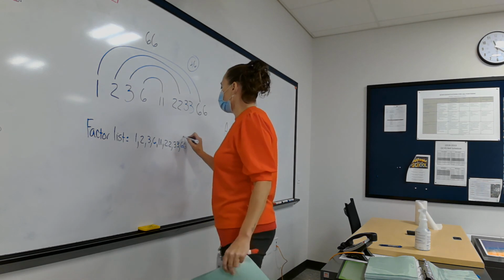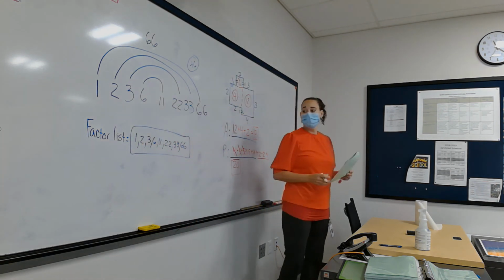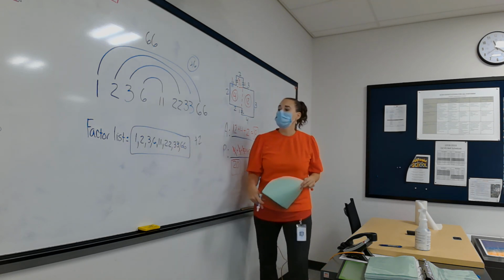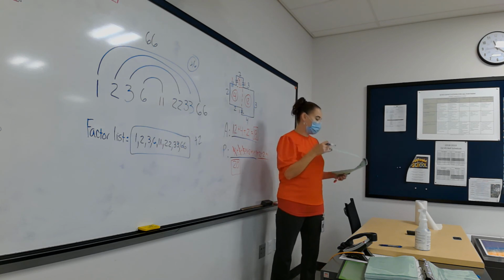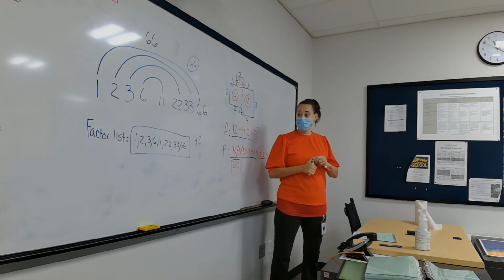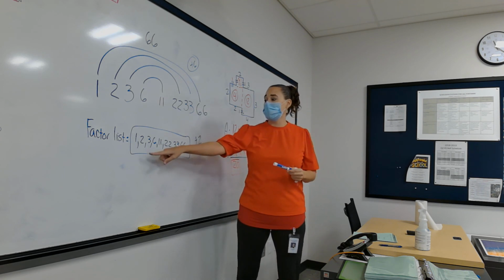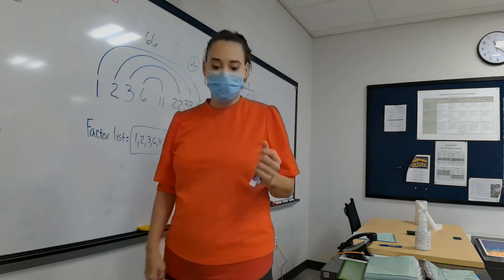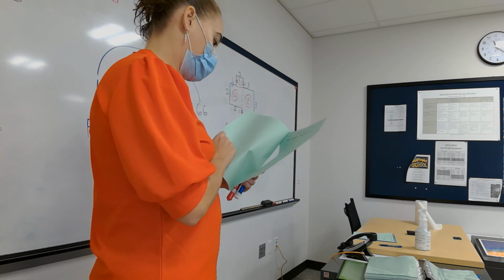And that is your factor list. Okay, and that's worth 2 points. All right, so you need to be able to draw your rainbow and then list all your factors. You have to make sure you list all of your factors. Any questions?